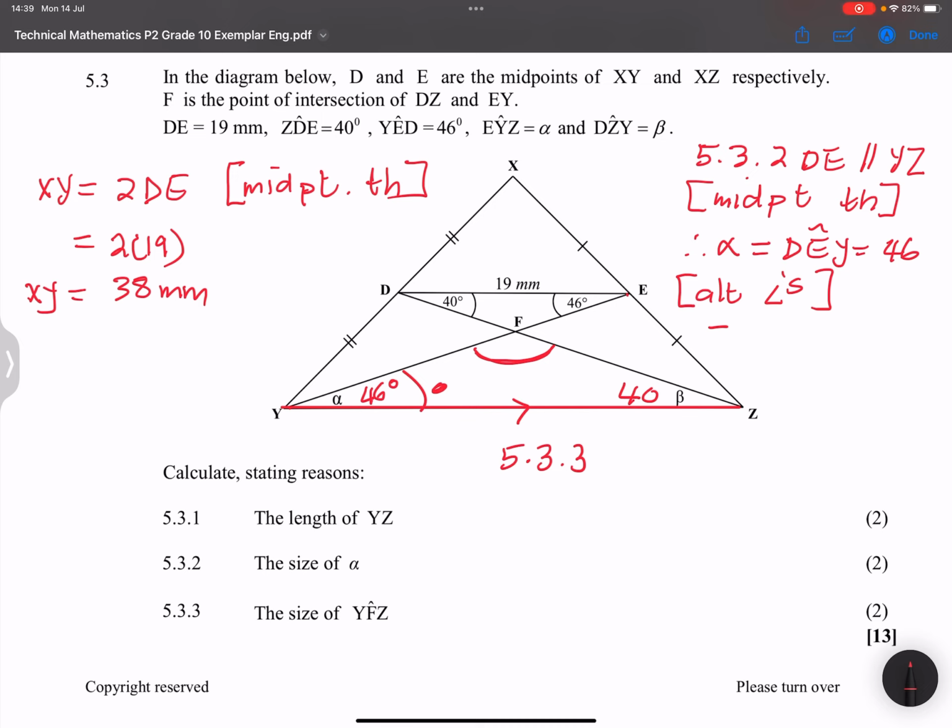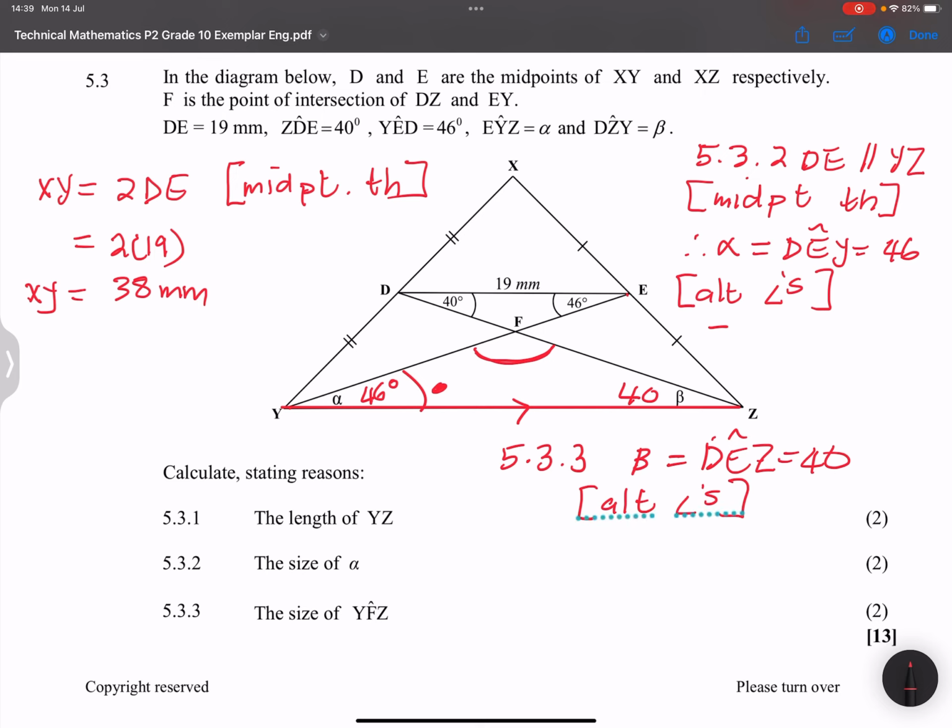We already know that alpha is 46 degrees, but beta is also equal to angle DEZ, which is 40 degrees. But why is that? Because they are alternate angles.